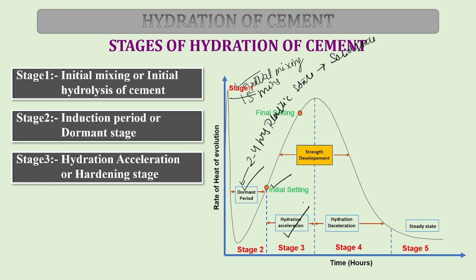That is why we call it hydration acceleration, where the heat evolution reaches its maximum value. Now, after 4 to 8 hours, the final setting has passed and early hardening has just begun.